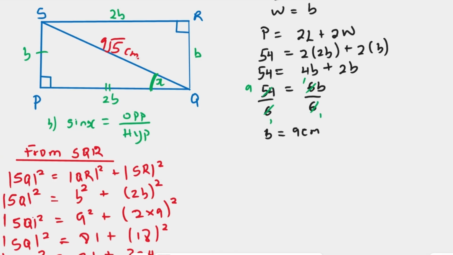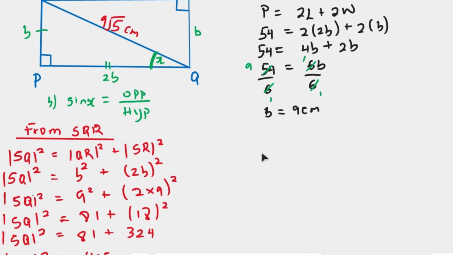So how do we go ahead and find the sine of x? Let's get it here. So let's continue from this side. So this implies that sine x, that is opposite over hypotenuse.